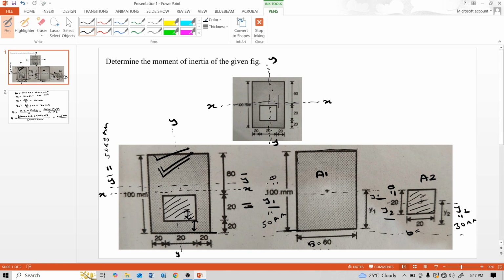So from y1 there is some distance to y bar, and here the parallel axis theorem comes. For this rectangular part also, we find the moment of inertia about this 51.43 mm neutral axis.